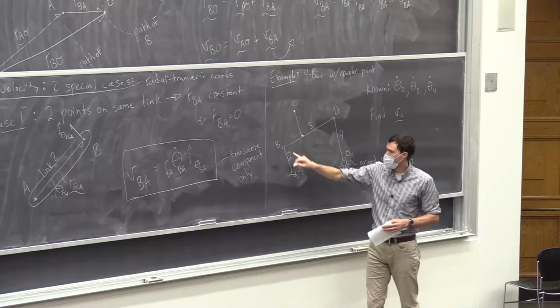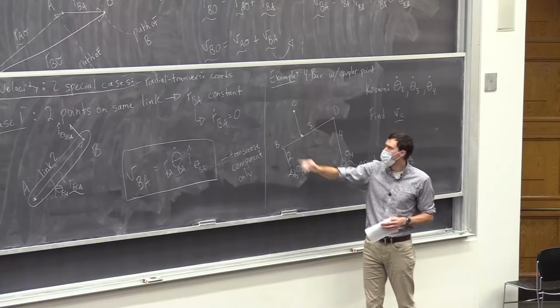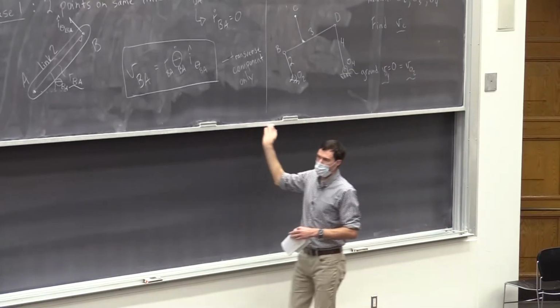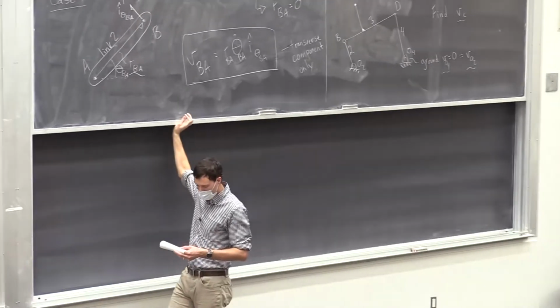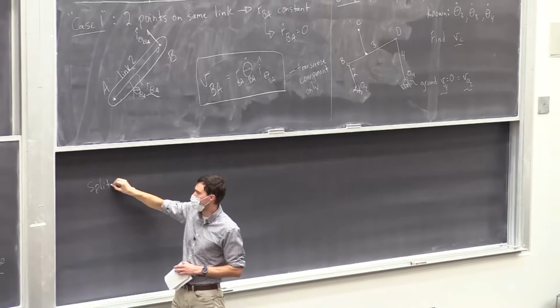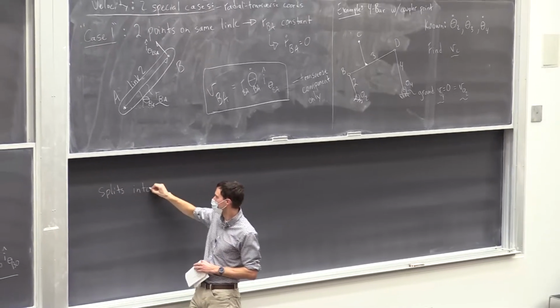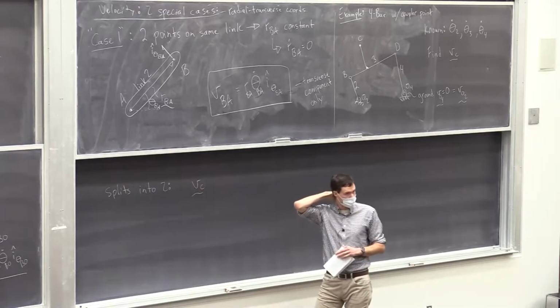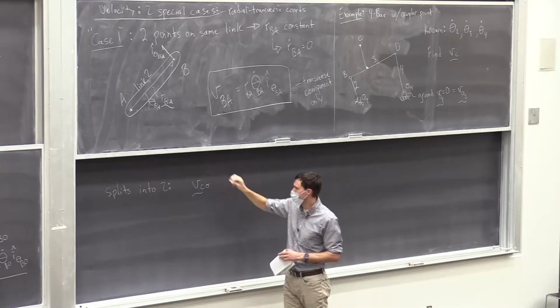So we're going to step through point B. We're going to write out an expression similar to what we wrote on that original relative velocity expression that splits the problem into 2. So we're going to try and find velocity of C relative to the ground.